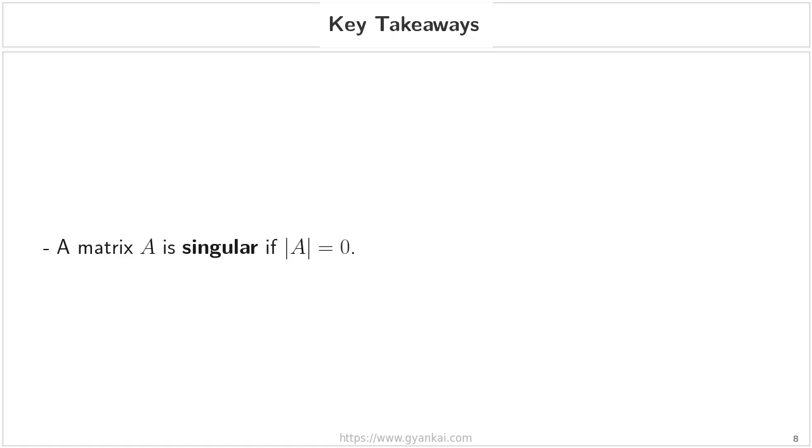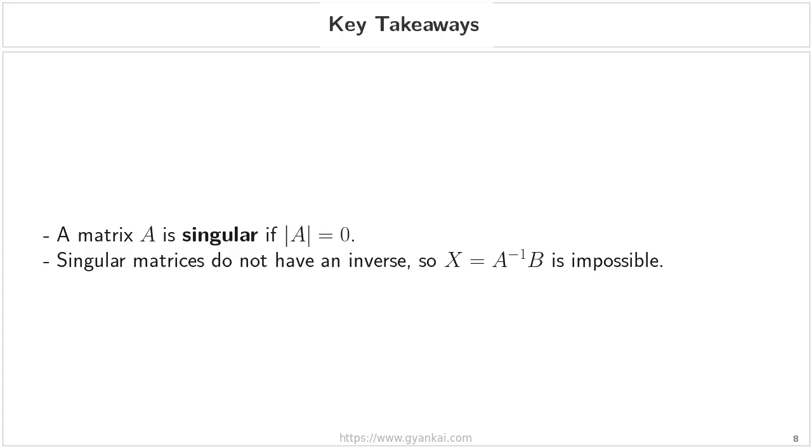A matrix A is called singular if its determinant, which we write as the absolute value of A, is equal to 0. Because the determinant is 0, we face a major hurdle. Singular matrices do not have an inverse. This means the standard method we used previously, where we solve for x by multiplying the inverse of A by B, simply becomes impossible to perform.